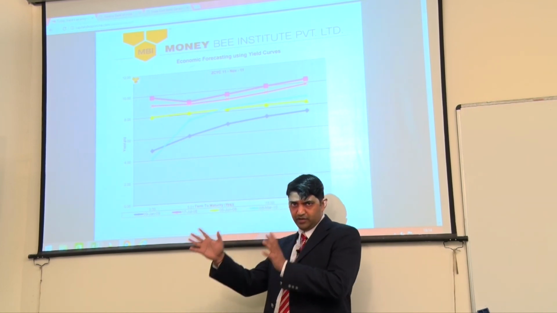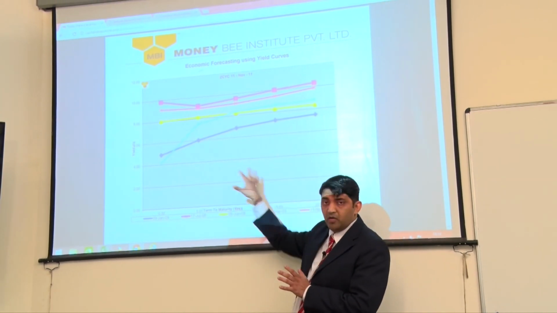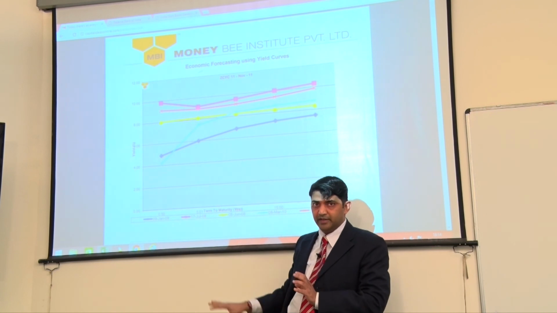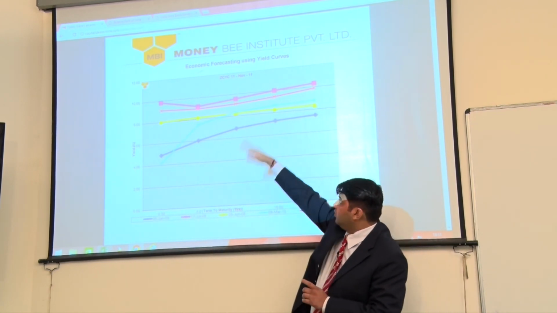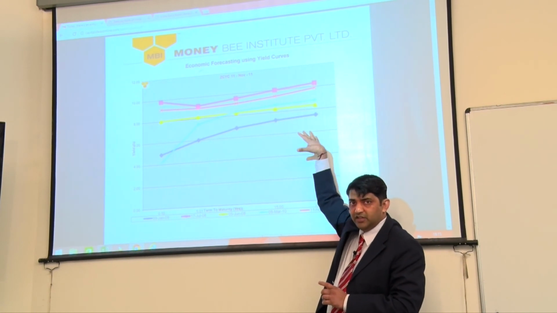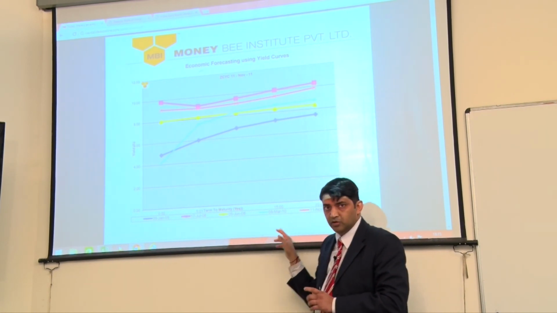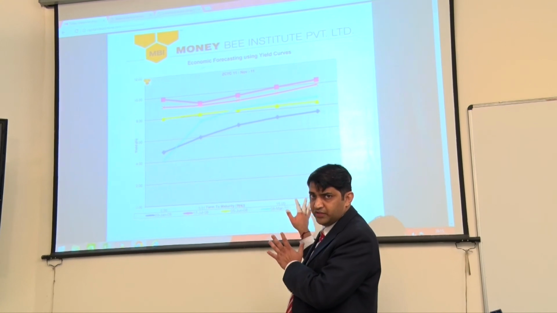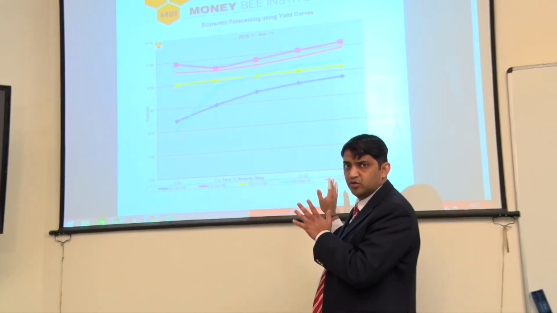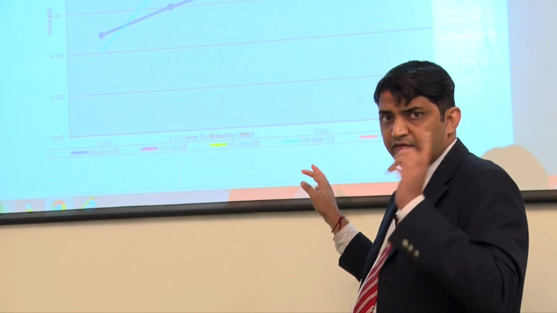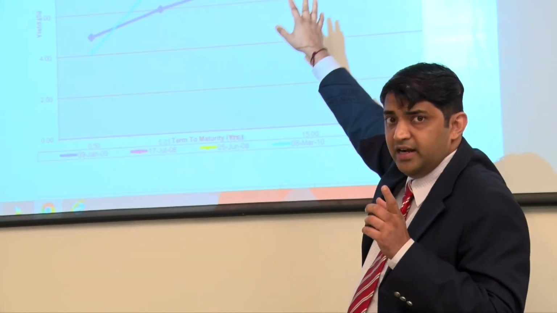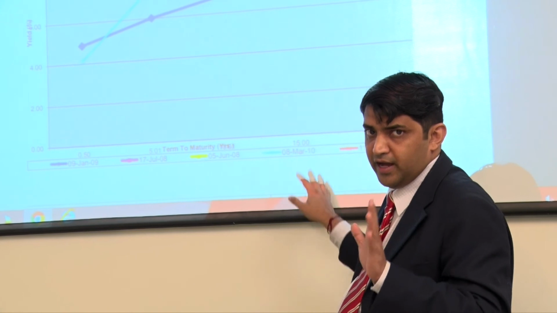Why this word term structure? Here we are talking about interest rates, so interest rates, term, and how the structure of the interest rates is for various terms. So this graph shows the yield curve, this graph shows the term structure of interest rates, and this graph shows different yield curves at different points of time.